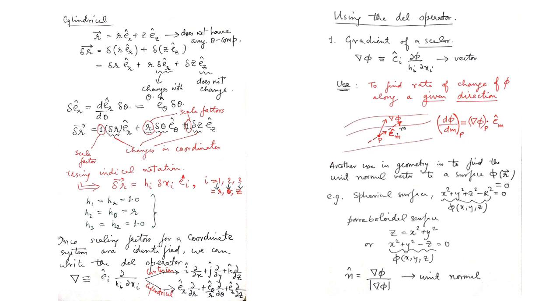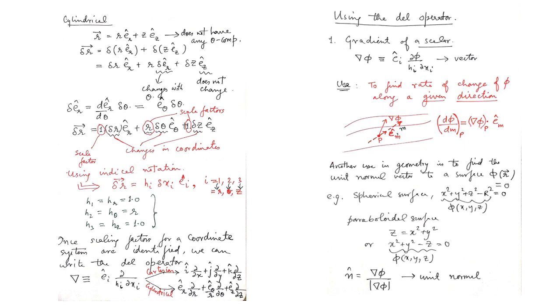And from here it is quite obvious that the rate of change is going to be smaller if you are not in the direction of grad phi. The grad phi vector will have a unique direction at every point, because, as you have already seen, its value at a particular point will have definite components along the various coordinate directions.